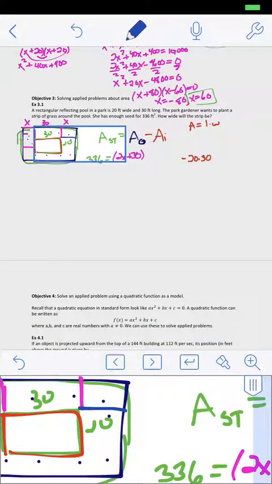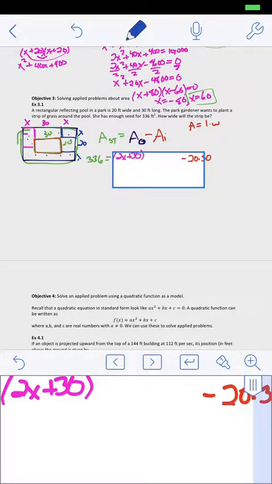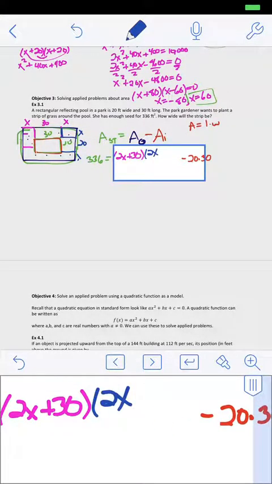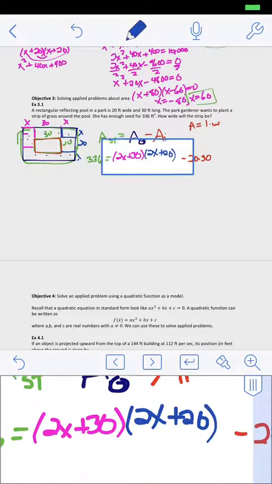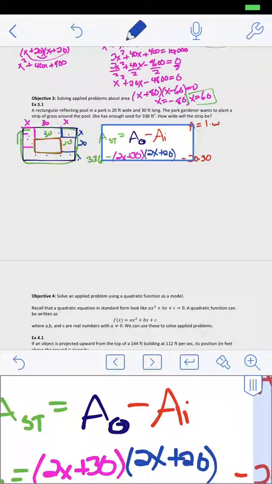I know this area here in the middle is going to be 20. And then if it's the same width all the way around, this width is also going to be x and x. Or in other words, 2x + 20 gives me my width. Those two multiplied together give me the area of the outside rectangle.